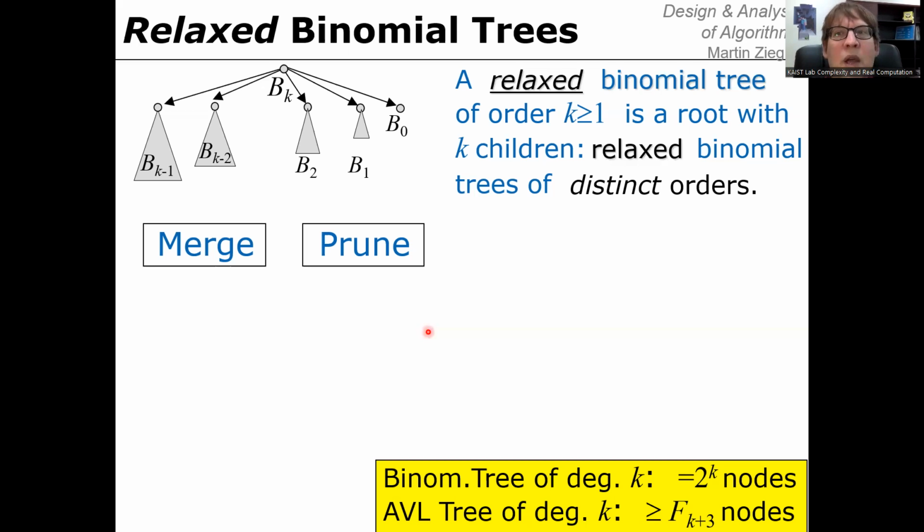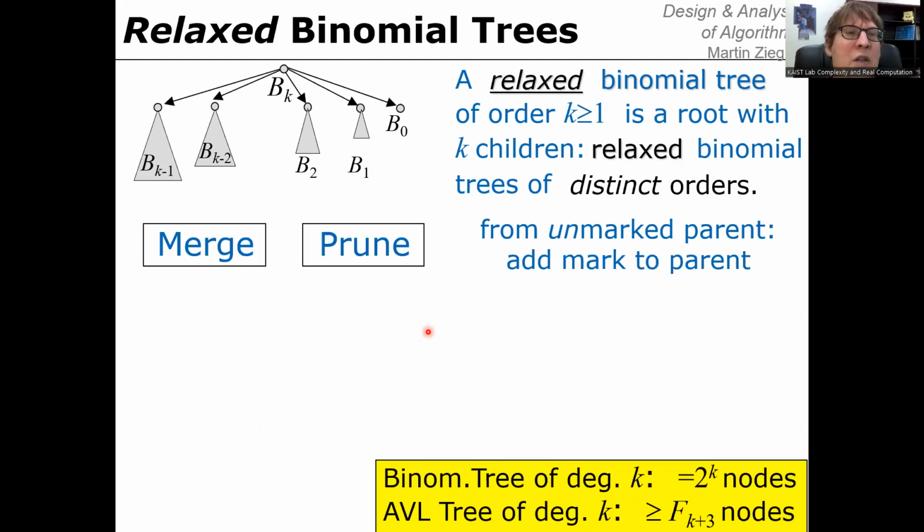And here we have a similar indicator, namely a mark, whether it has already been pruned or not. So pruning is only permitted from a parent which has not yet been marked, and once we prune from such an unmarked parent, we add a mark to that parent to reflect that it has been pruned and cannot be pruned a second time.